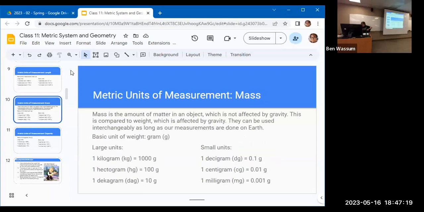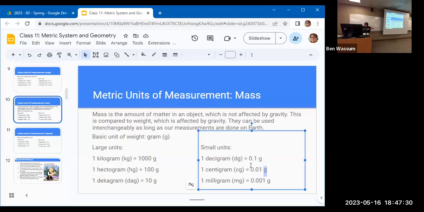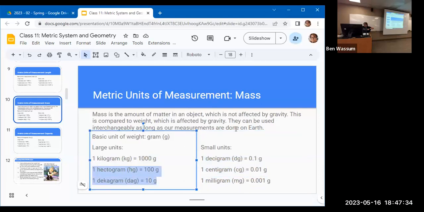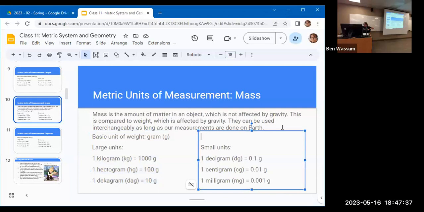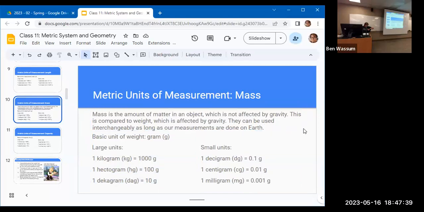So those are the length ones. Mass, like I just mentioned, really you usually just use grams, milligrams, and kilograms. Because you have centigrams, decigrams, decagrams, hectograms, those ones you really don't use, or at the very least, I've never used them.